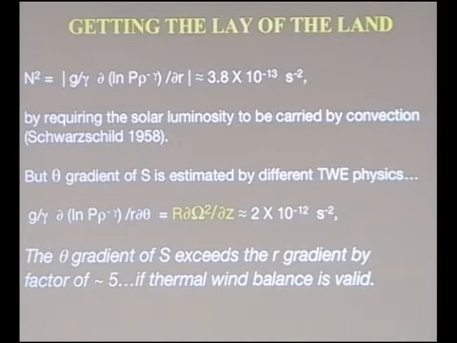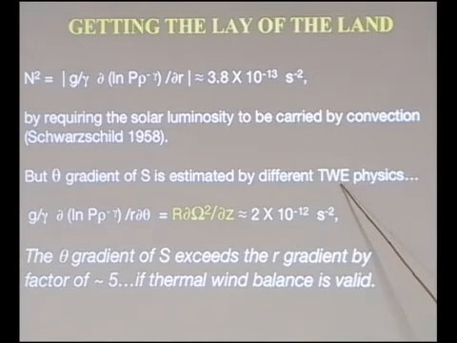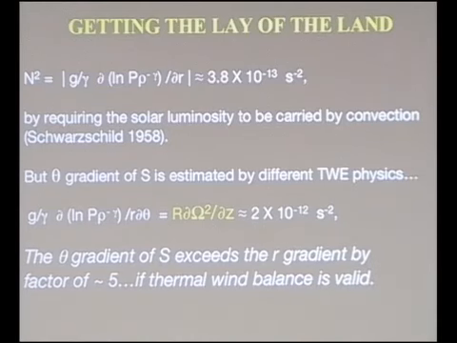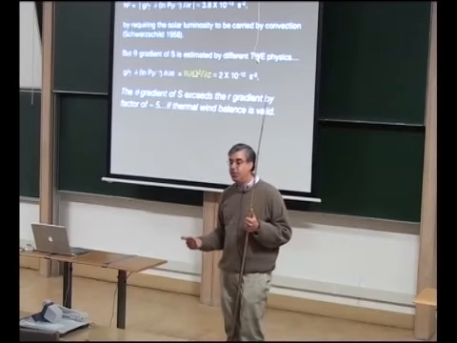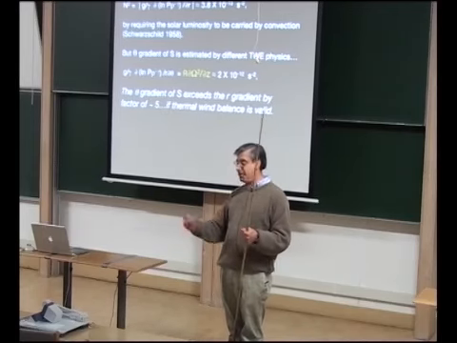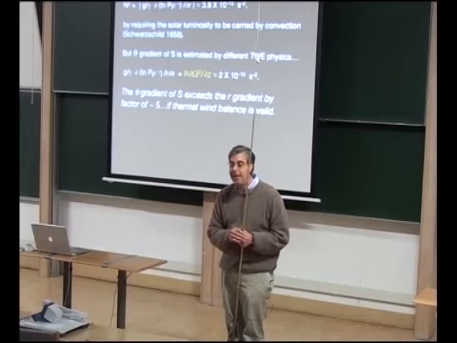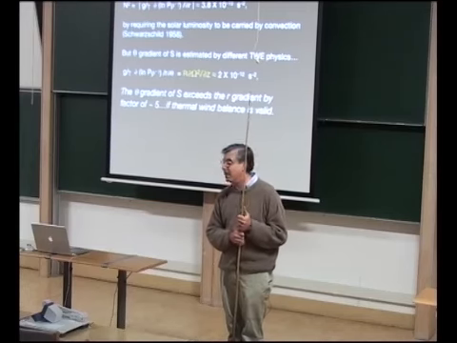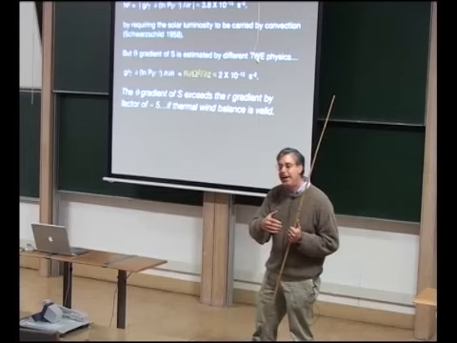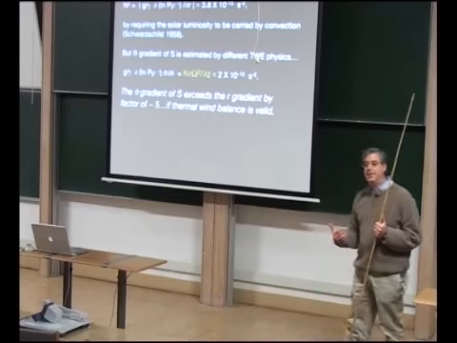But in fact, the theta gradient can be estimated by completely different physics. It's interesting. The argument that you can now use to look at what the theta gradient of the entropy is follows directly from this thermal wind equation that I've just put up, because we can look at the answer in the back of the book.